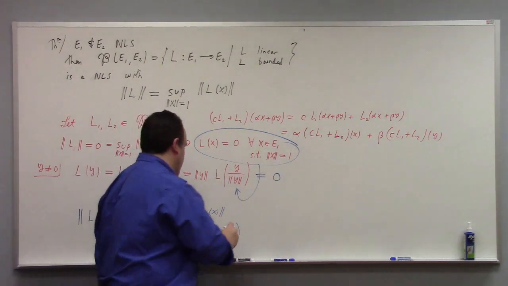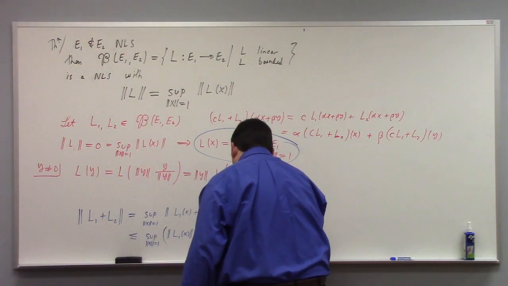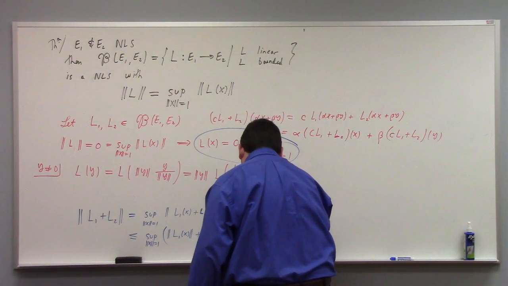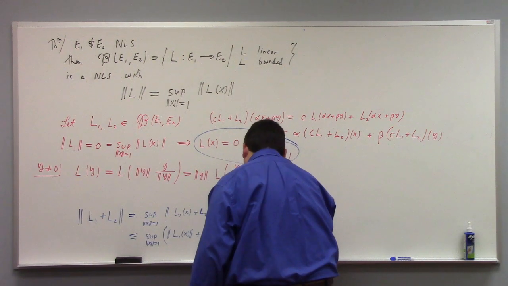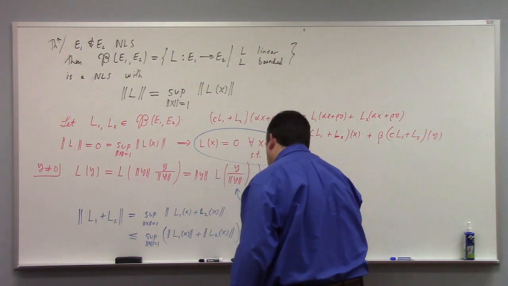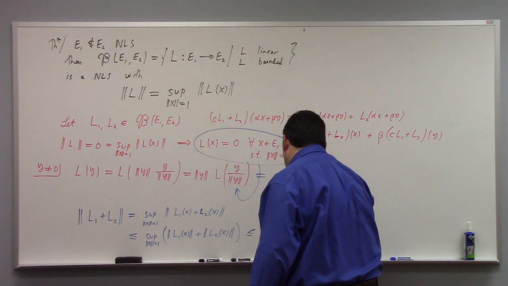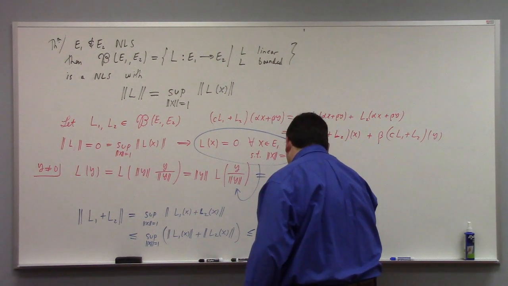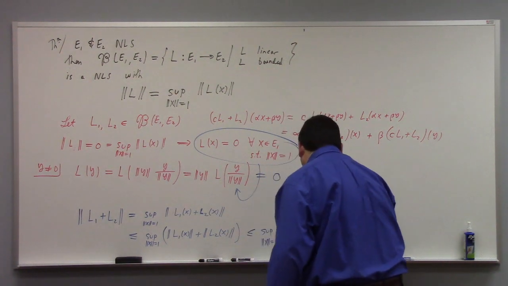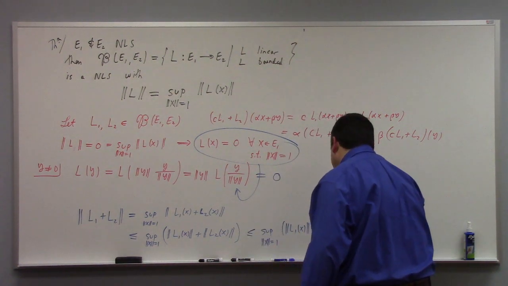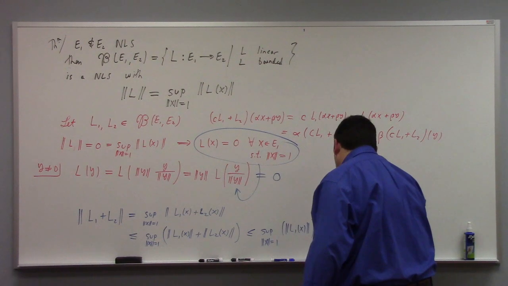But can the supremum be split up? Well, think about it. Do we know that's strictly less than? Well, we're taking the supremum of the sum of two positive things, right? So anyway, this is basically it. I think you can quibble over whether or not I'm allowed to do these things with supremums.